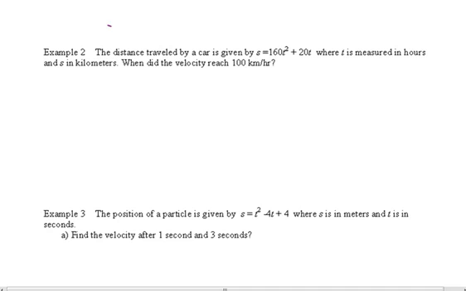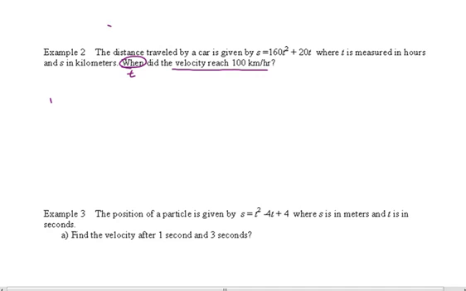The distance traveled by a car is given by the equation, where t is measured in hours and s in kilometers. When did the velocity reach 100 kilometers per hour? First step: we need to know when, so time. How do we get velocity from our equation?